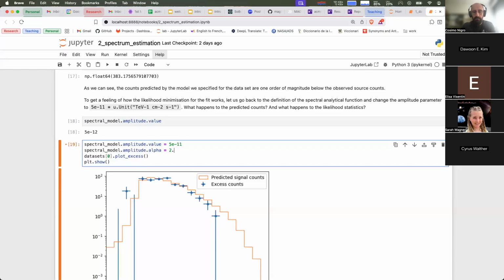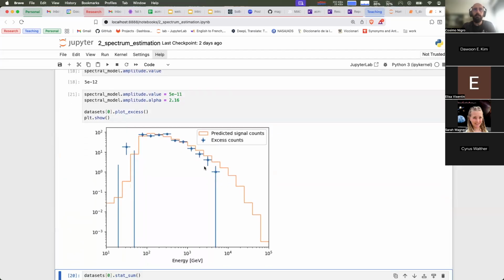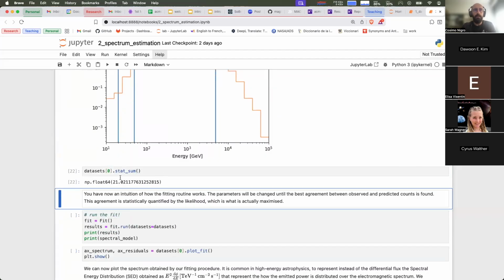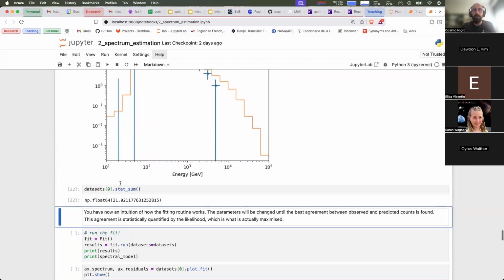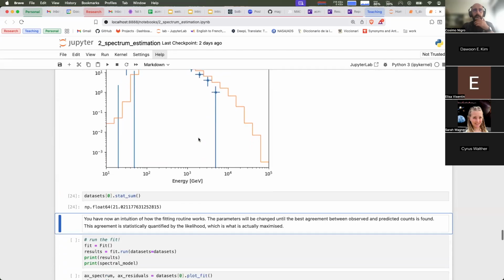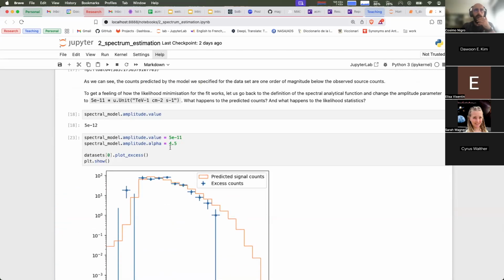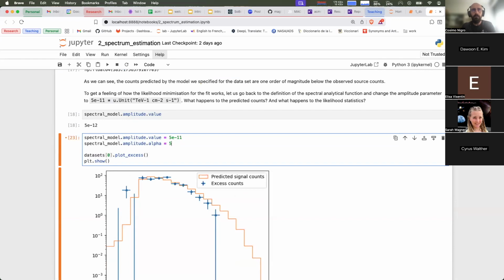This is really an important point, and as you can imagine, the algorithm is changing several values at once. So for example, if we change also alpha, we get a different stat sum, not so different, but a different stat sum value. And if we use some reasonably large value, the stat will worsen.